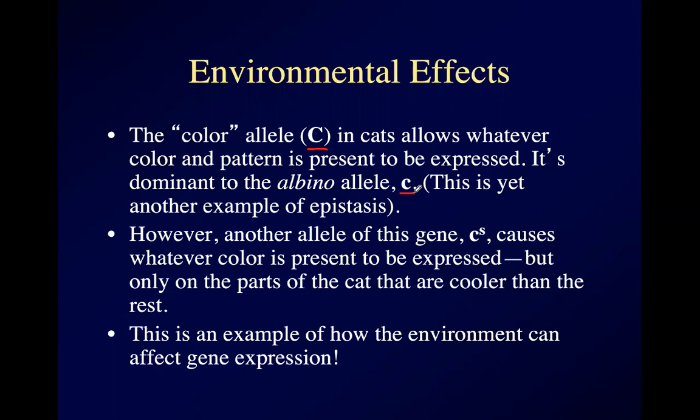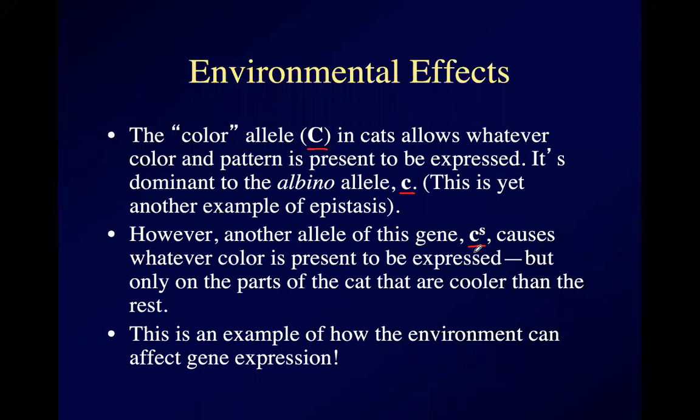However, there's another allele of this gene that's often written as little c with a superscript s, little cs right there. And if a cat is homozygous for the little cs allele, then whatever color that cat has will be expressed, but only on the parts of the cat that are cool.